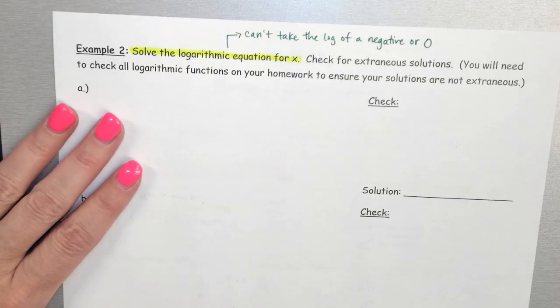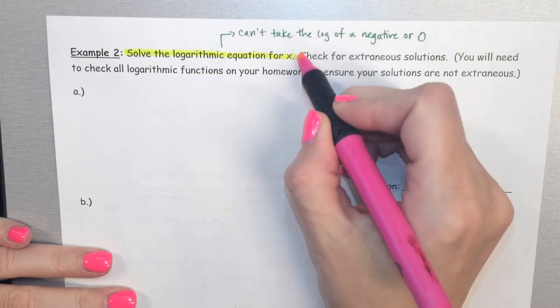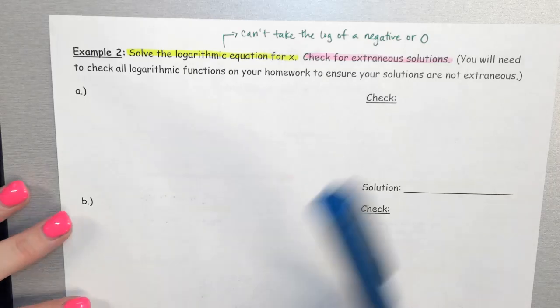Okay, so we are going to have to check for extraneous solutions because of that domain. So we're going to be writing out our checks. That is something you have to do for the logs. You do not have to do that for exponential.